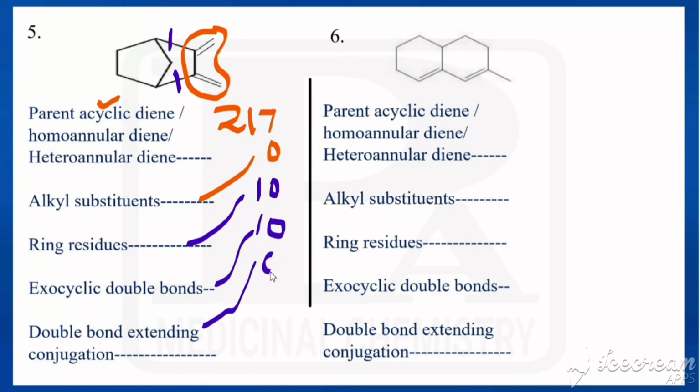So 0. And we have to consider one thing here. It is a bicyclic system. Whenever we are using a bicyclic system for calculating lambda max, we have to add one strain correction. That would be 15. So we have to add 15 nanometers. That is the strain correction.